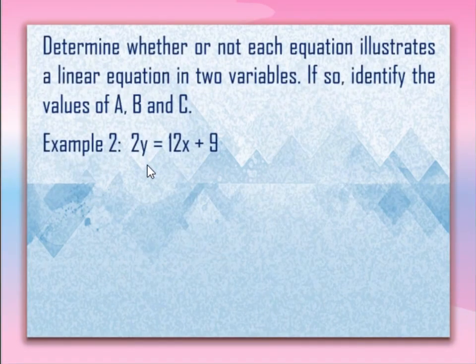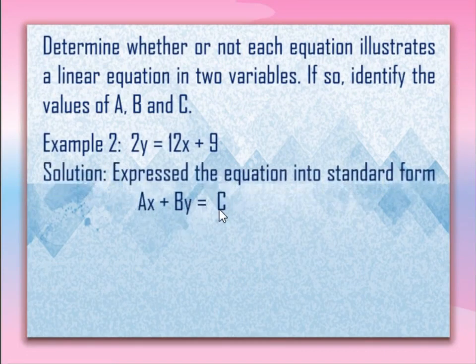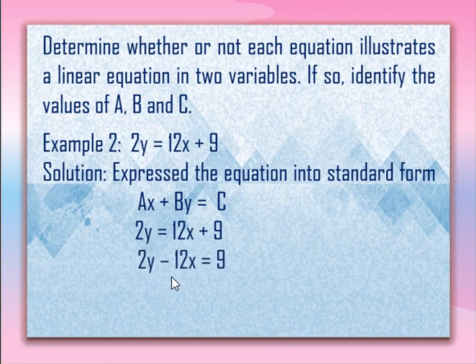Example 2. 2y is equal to 12x plus 9. Once again, we express the equation into standard form, ax plus by is equal to c. Since 2y is equal to 12x plus 9 is given, we need to use the addition property of equality. 12x will become negative 12x when moved to the left side of the equal sign. So, we have now 2y minus 12x is equal to 9.